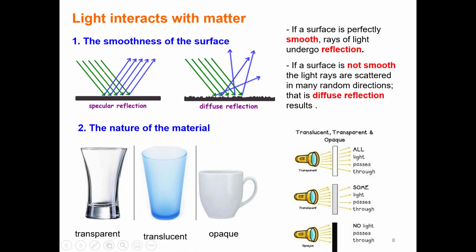Then we see perfect, organized reflection, and this is called specular reflection. But what happens if the surface is not smooth? Then all the rays are scattered in many directions, in random directions. In this case, we call this diffuse reflection.